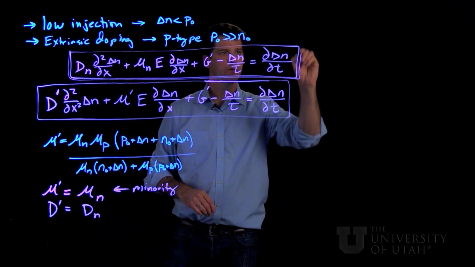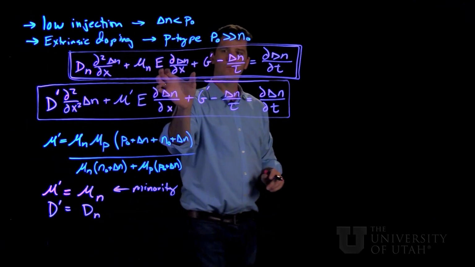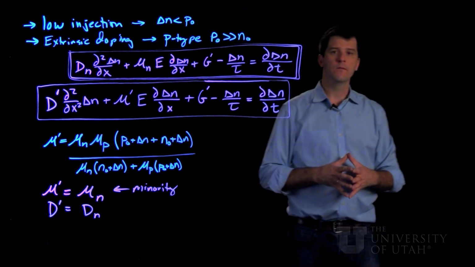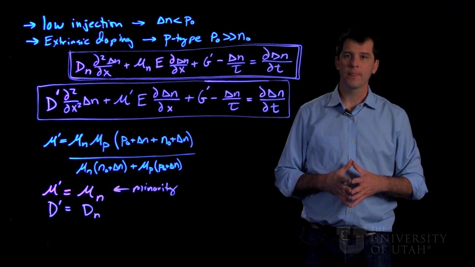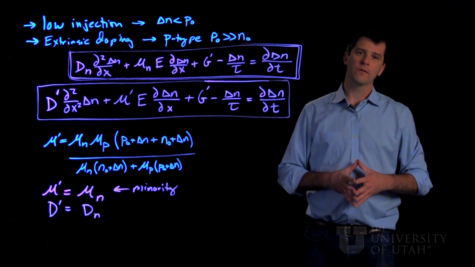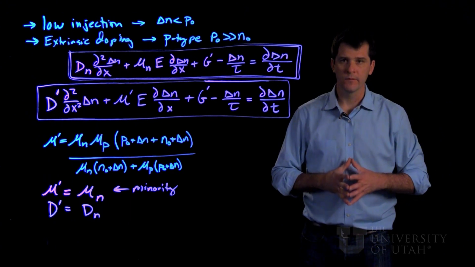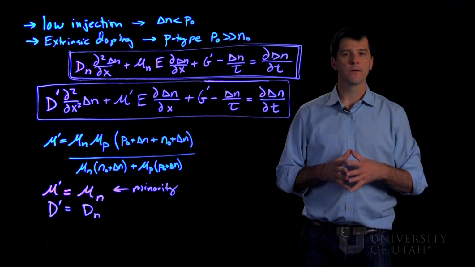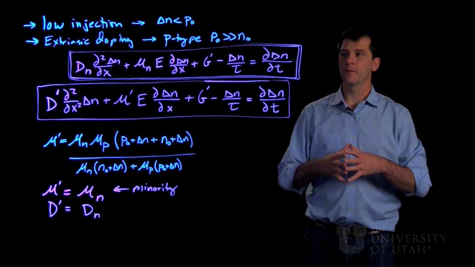And so as long as we can satisfy these assumptions, we have a much simpler time of figuring out what the excess electrons and holes will do in a material. And in fact, it allows us to only consider the minority carriers in the material and not the majority carriers when we're talking about the minority carrier behavior.